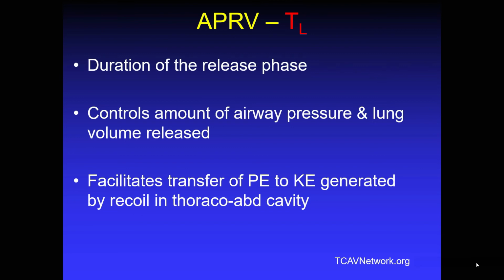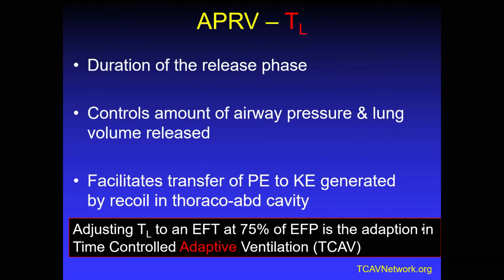And that is primarily adapted, if you will, through the T low phase. And it turns out that with most ARDS and other restrictive lung pathology patients, they tend to do best with a T low which terminates the release once the expiratory flow rate decreases to 75% of its max.